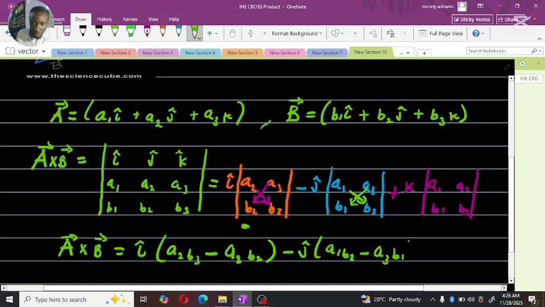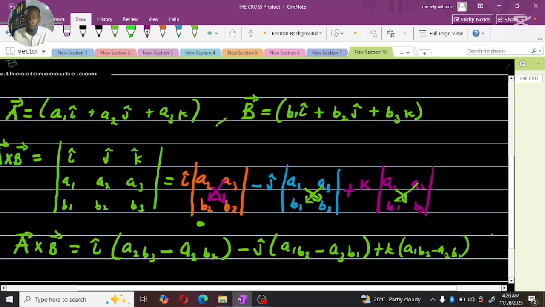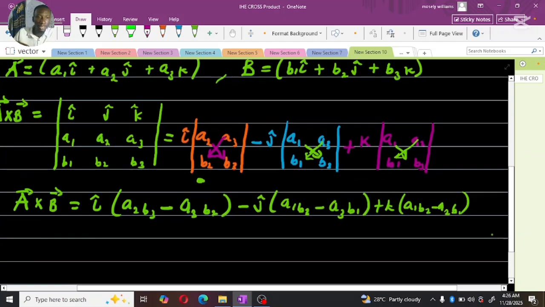It's as simple as that. Plus for K now, we have A1 times B2, A1, B2 minus A2, B1. It's as simple as that.